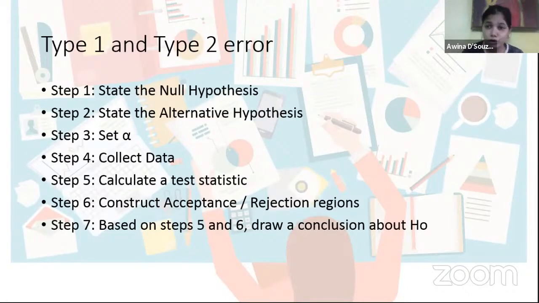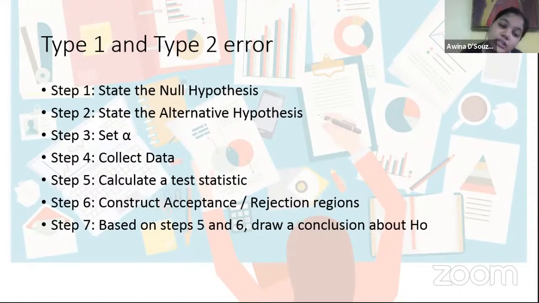Type 1 and type 2 error is usually dealt with when we state a hypothesis, as I told before. When you state a null hypothesis, you are basically asking whether a particular condition is there or not.